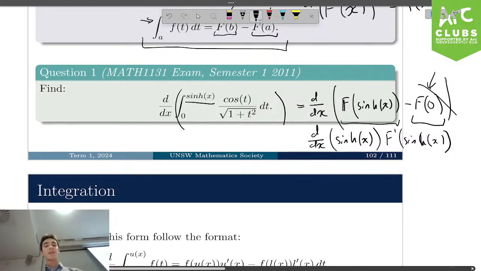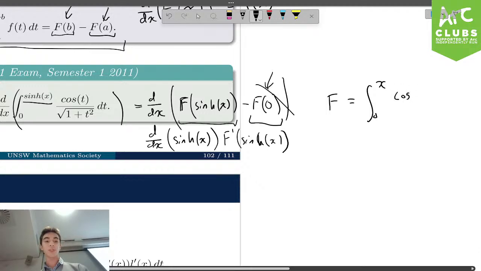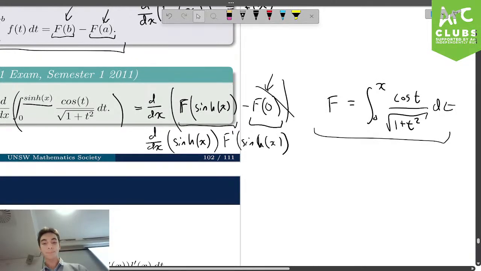And from the way that we defined it, F is defined by an integral. Our function F is just the integral from 0 to x of this funky looking expression here, cosine of t over root 1 plus t squared, dt. And if we take the derivative of this, then we just end up with whatever was inside the integral sign, okay?